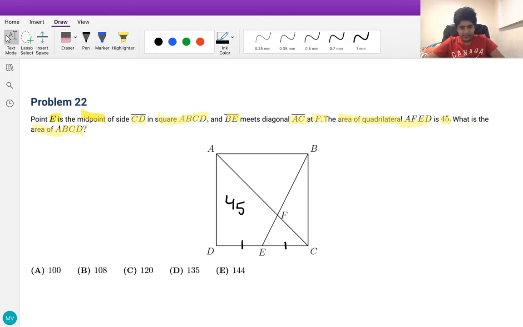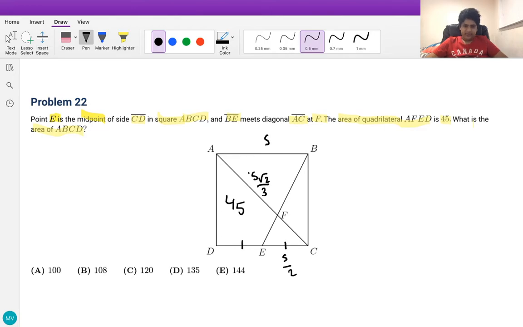Let's denote the side length of ABCD as S. By similar triangles ABF and EFC, since AB equals S and EC equals S over 2, we have AF over FC is 2 over 1. So we have AF is going to be 2 S root 2 over 3.